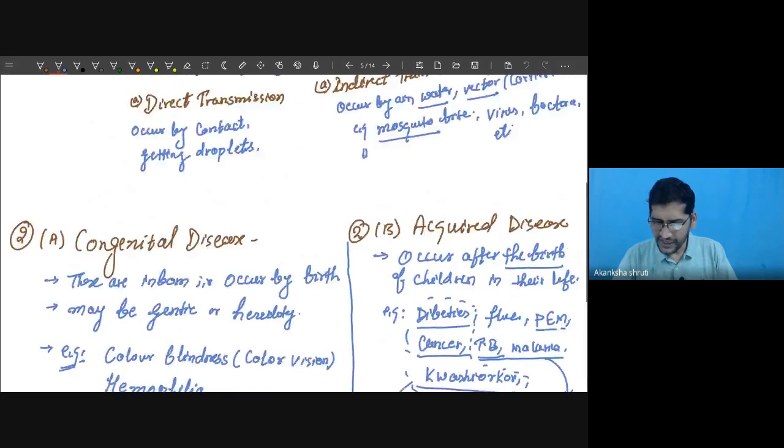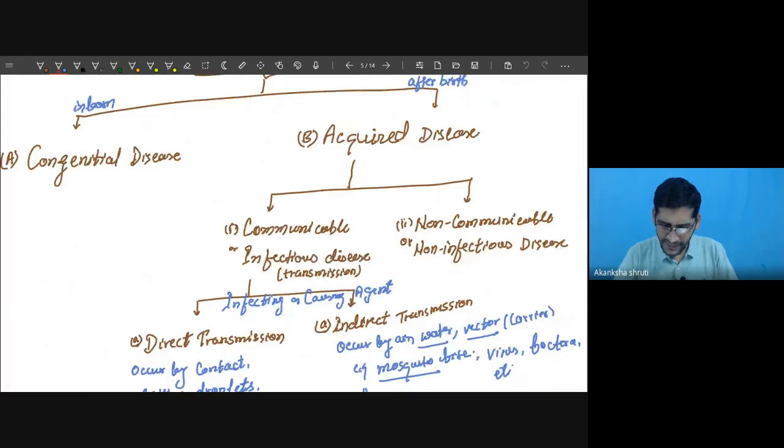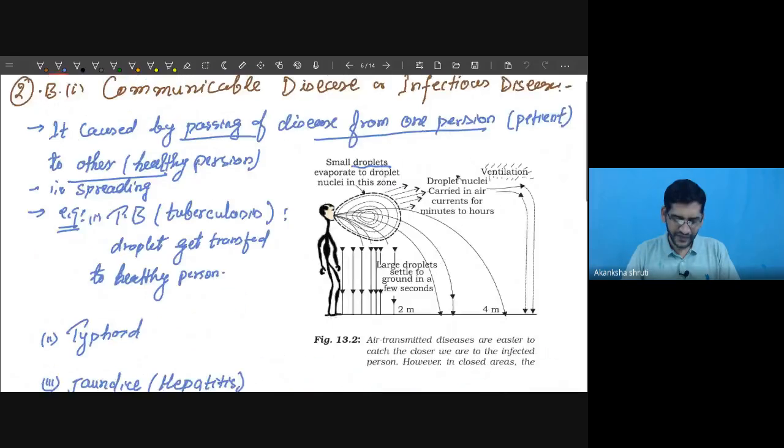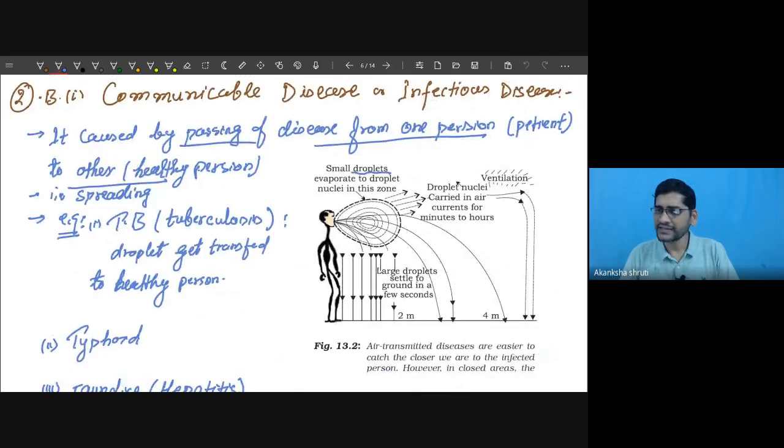So acquired may be communicable or non-communicable. Communicable means the disease is transmitted from one person to another, from patient to healthy person. That communication may be direct or indirect.